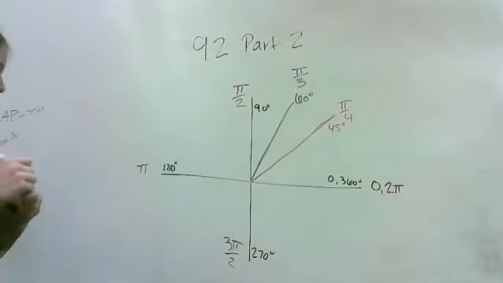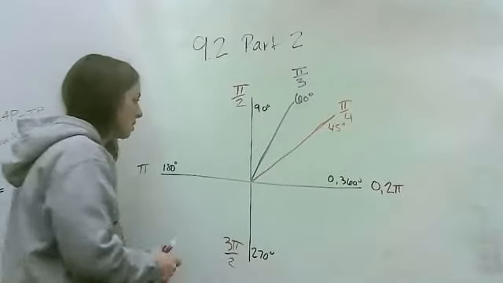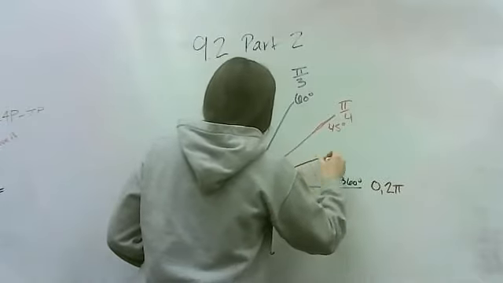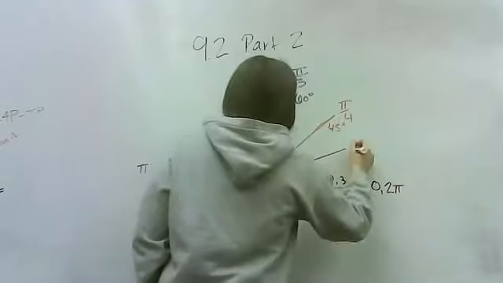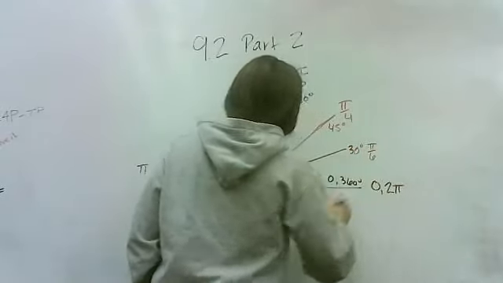And last but not least, we have our division of 6. This time we have 30 degrees, or pi over 6.